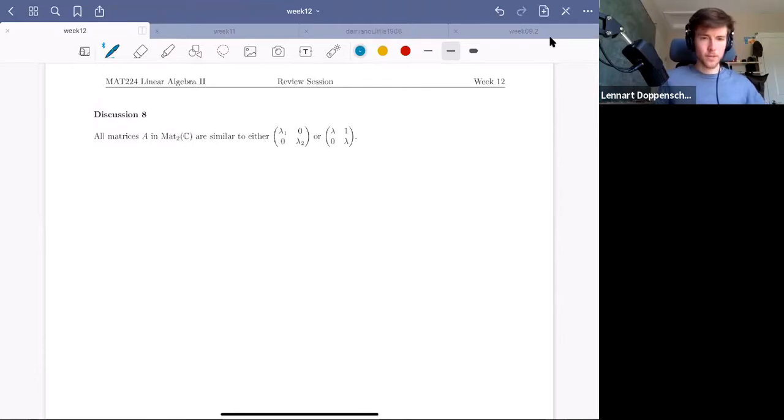So as Gen C just answered, all we really need is that C is algebraically closed. That's the important ingredient.